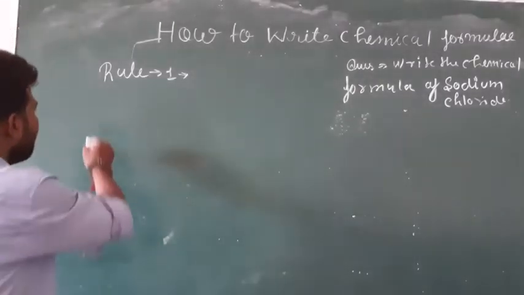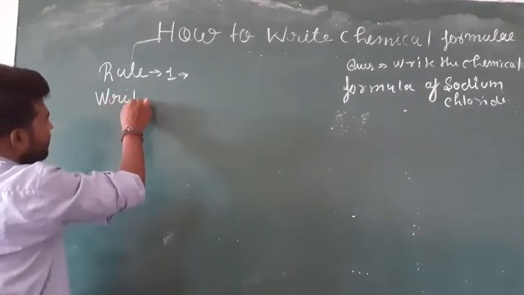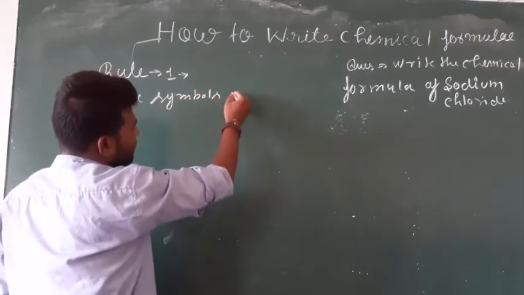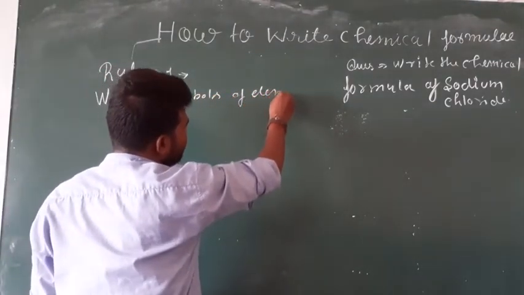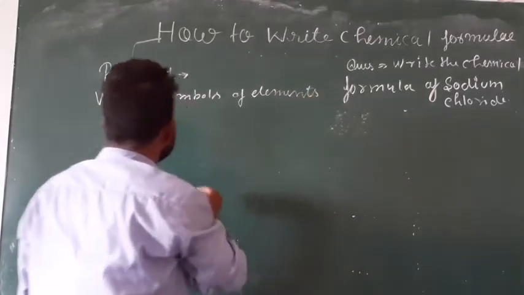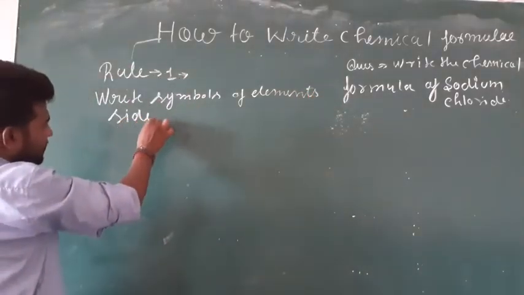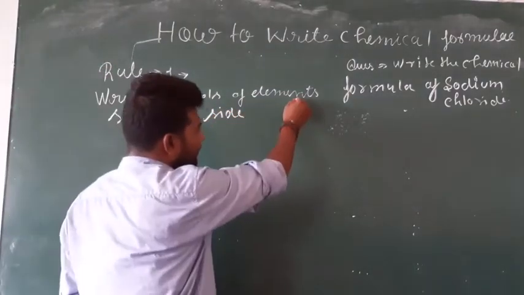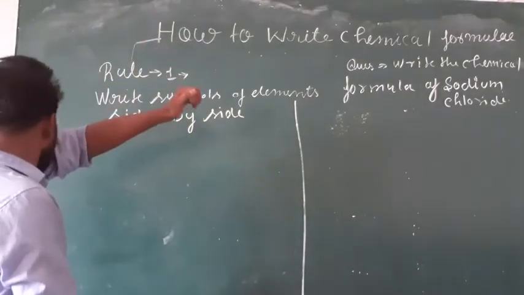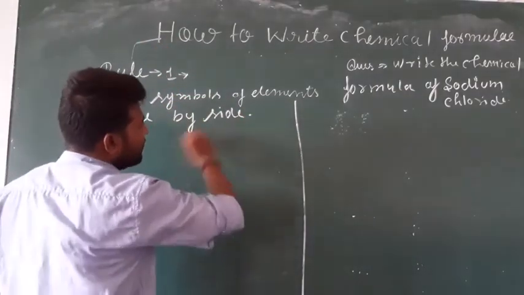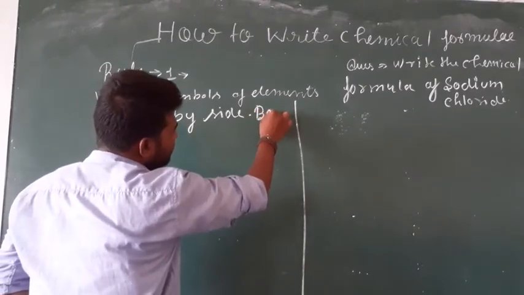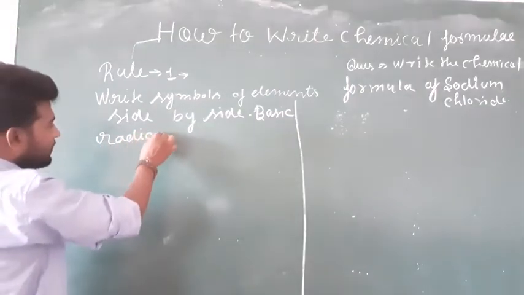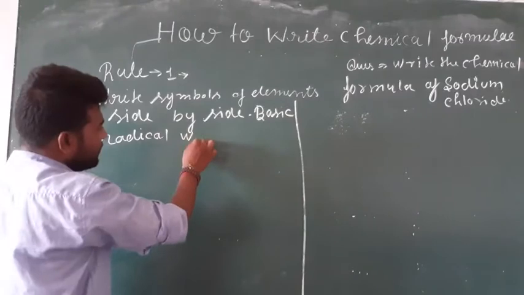So rule first: write the symbols of elements side by side. The basic radical is written first, then the acid radical. Those who have doubts about basic radicals, basic radical means metals.